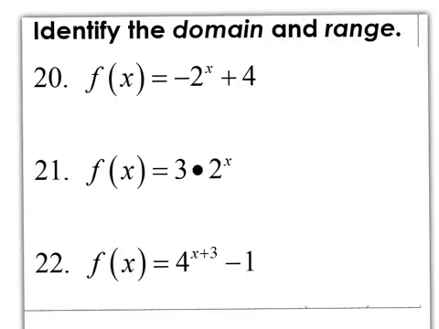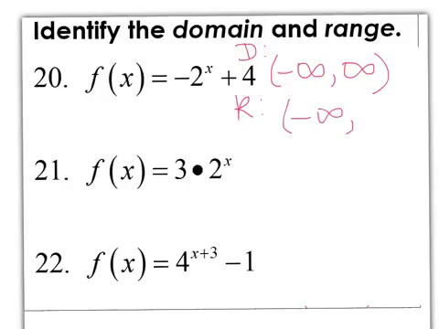Let us identify the domain and range for these three problems. In number 20, our a is negative. So that means that our domain will be all real numbers, of course. But our range will be from negative infinity up to k, which is 4.